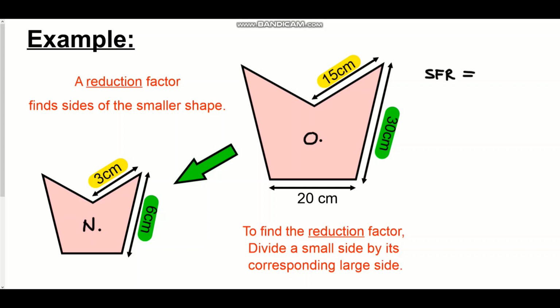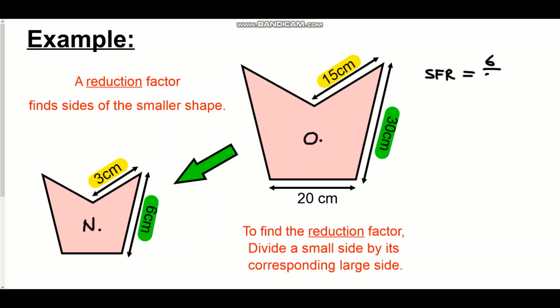I'm going to take a side from my new shape that has a corresponding side on my original shape. I'm going to use 6 this time. So the green side 6 here on the right-hand side, its equivalent side, I can't use 15 because it's on the top, it corresponds with 3. I have to use 30, which is on this right-hand side, just in the same position as my original 6 was.